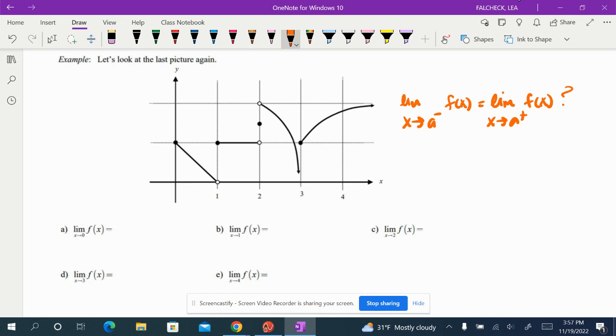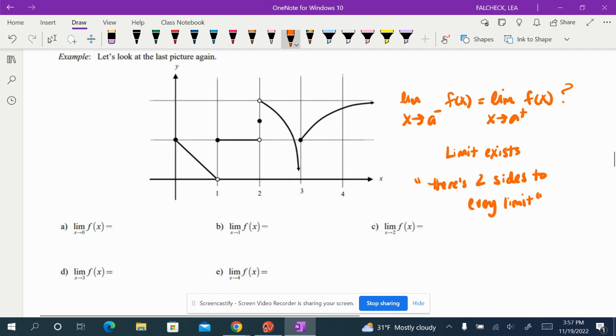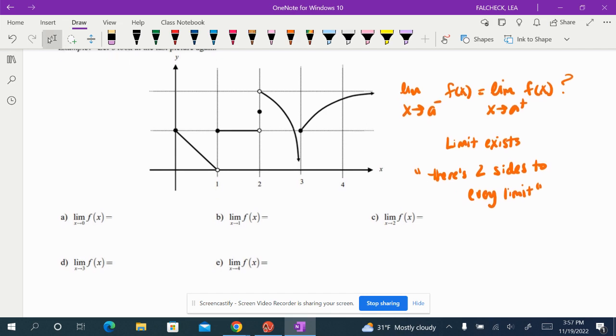If so, then the limit exists. And the way you can remember that is there's 2 sides to every limit. Like that old saying, there's 2 sides to every story. There's 2 sides to every limit.